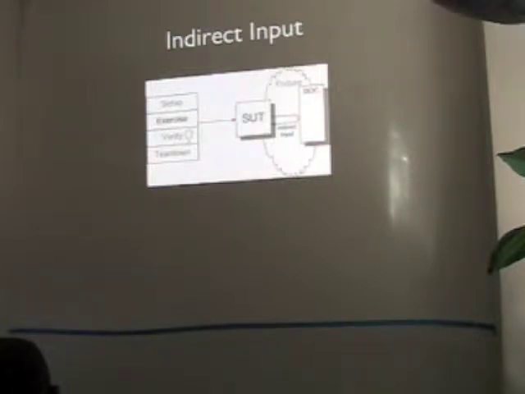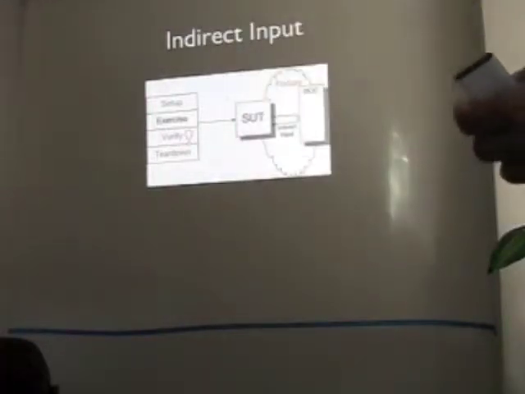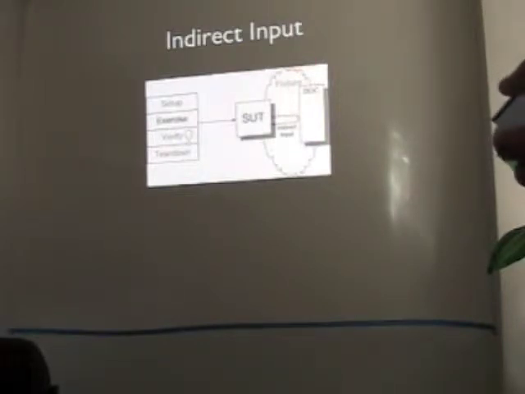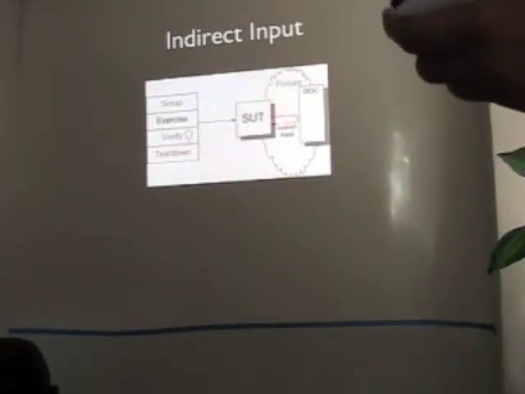Objects always collaborate with other objects in order to accomplish some task, right? So it also requires some indirect input from somebody else, because it collaborates with the other component, some other object. That's providing certain input, and it needs this input in order to do its job. So this is the indirect input. It is drawn like this because it's invisible to you. That's why it's indirect input. You cannot directly do a put or anything.